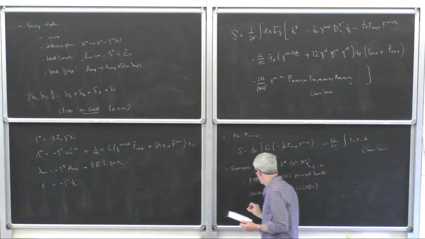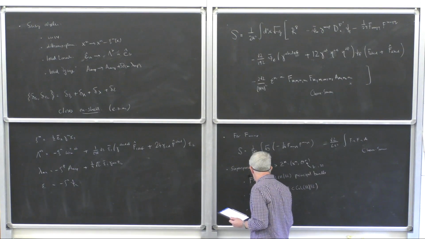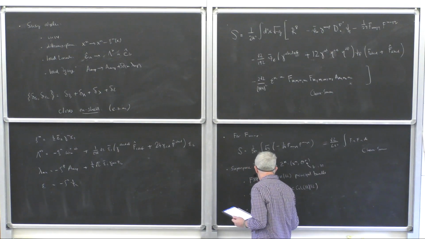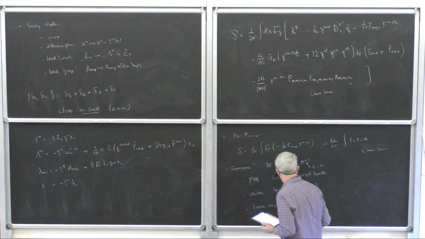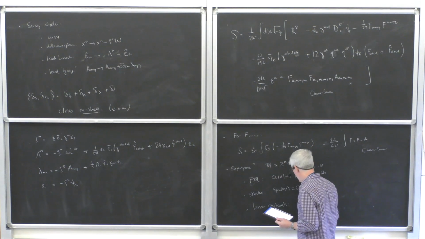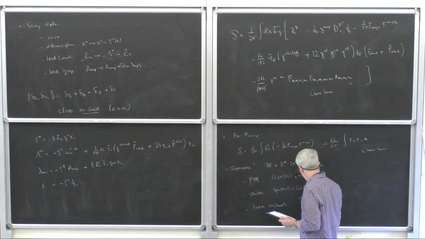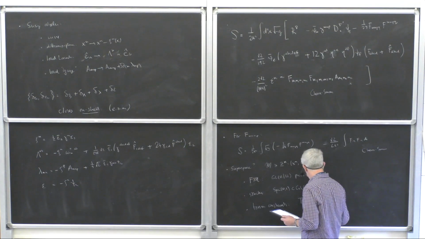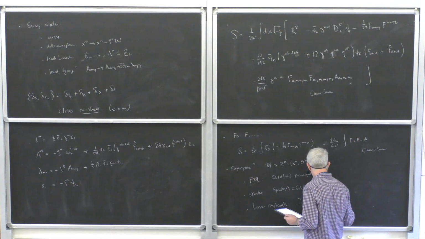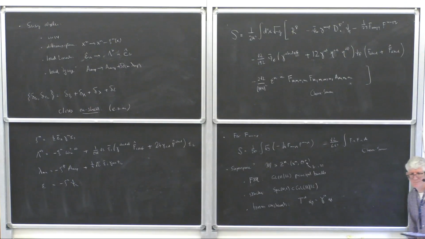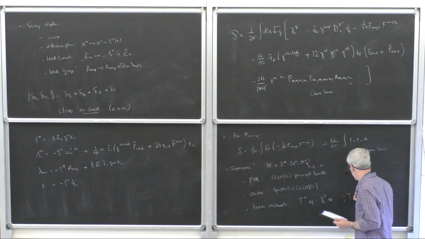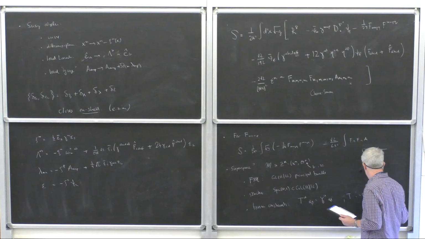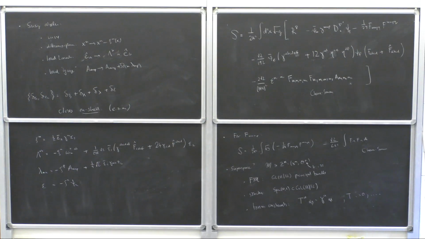And there's going to be torsion constraints. Again, the key one is a torsion component, which again I set equal to the gamma matrix. And there's going to be a bunch of other ones that I'm not writing down, which I set to 0.